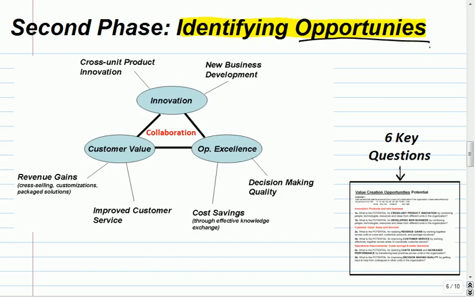And here, as we have discussed in the first part, organizations today try to rediscover collaboration to increase their operational excellence, because the quality of the decisions can be higher if more people are involved, and because cost can be reduced through the effective flow of knowledge in the organization.